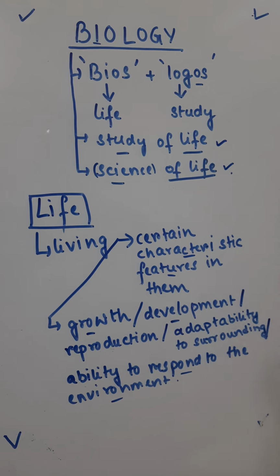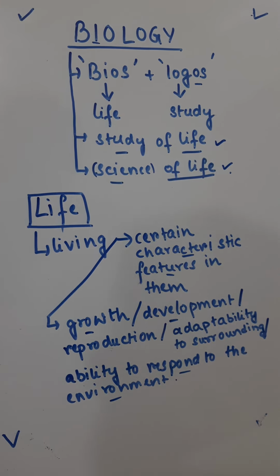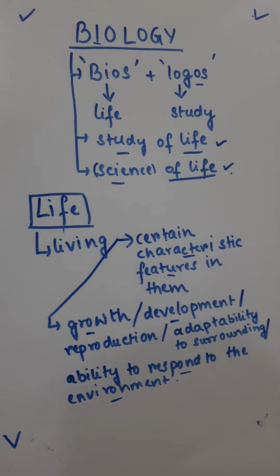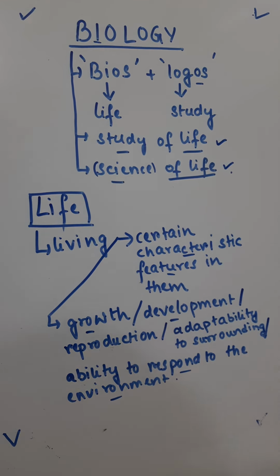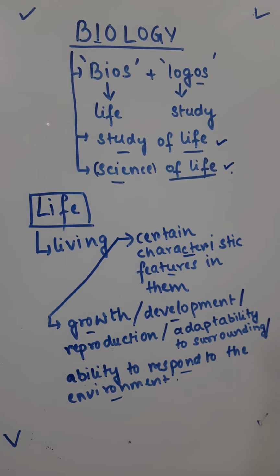So this is basically the feature of life. However, reproduction is not a 100% essential feature of life, because there are couples who are unable to reproduce, but still they are living, right? There are also sterile organisms, who are unable to reproduce for some reason or the other, but they are still surviving.